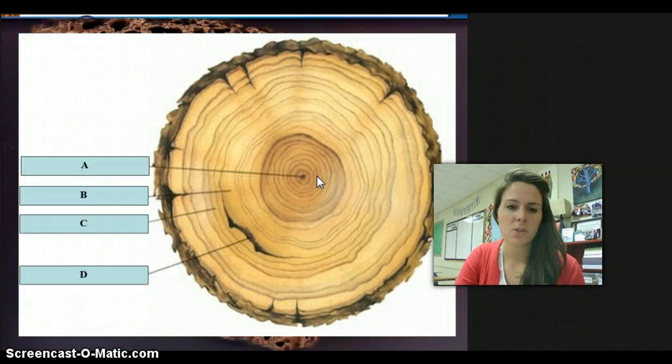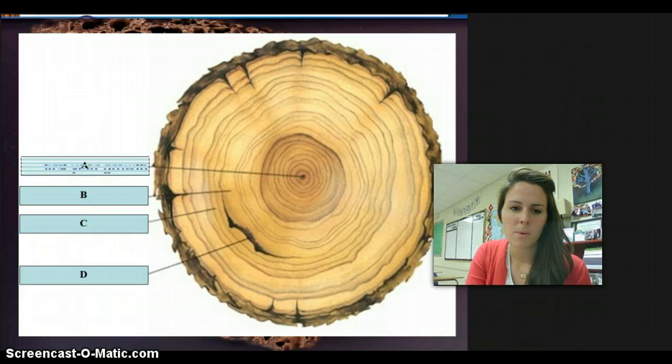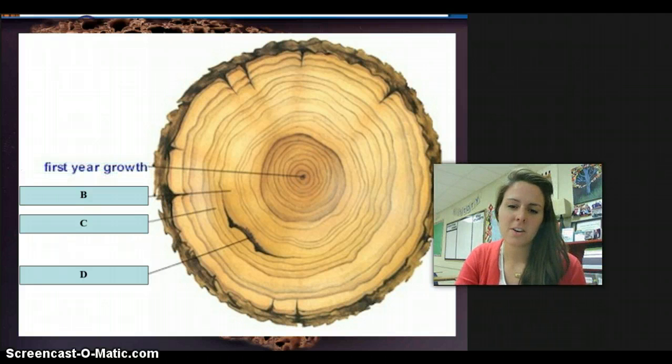The other method is tree rings. Now this is really interesting. If you slice a tree in half like this and you look at the different rings, it can tell you what happened in that atmosphere. So the center begins the first year of growth.